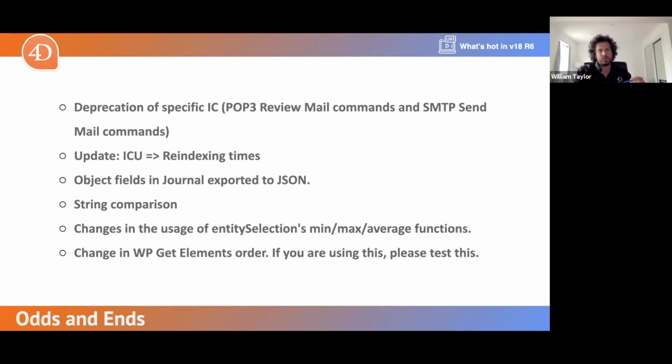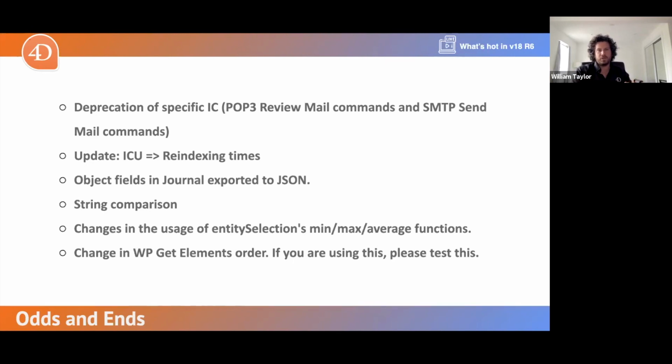There's some minor changes in the usage of an entity selection's min, max, and average functions. Before, if the entity selection was empty and you called a min or a max or an average on an empty entity selection, you would receive a null, and now you're going to receive an undefined.